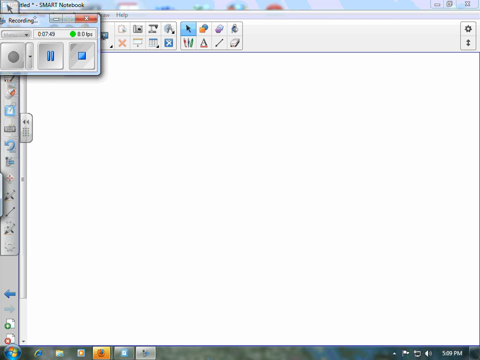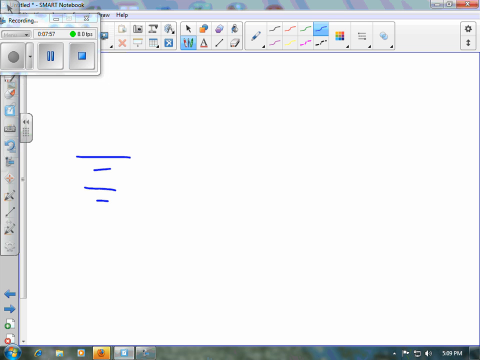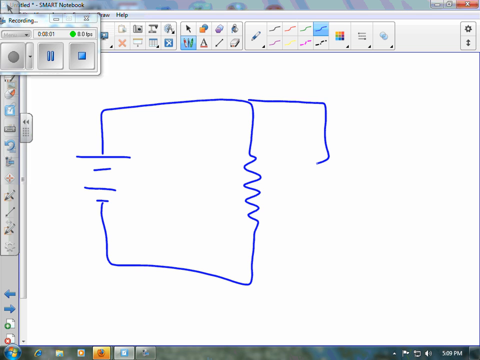So here's the way you do it: you come up with an equivalent resistance. So let's just do the example we just looked at. So here's our circuit. We need to simplify this so we can solve it just as one resistor. So let's say this is 10 ohms and this is 10 ohms.